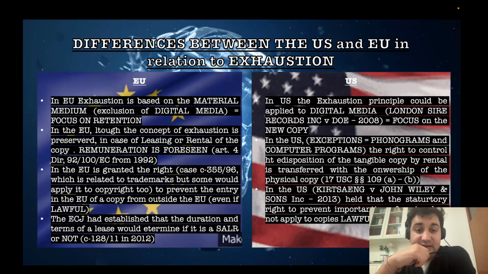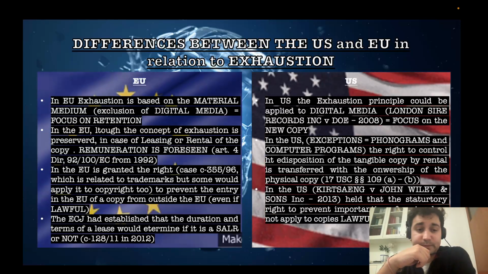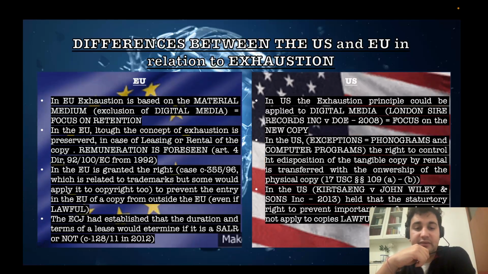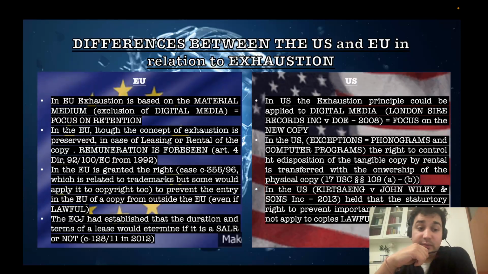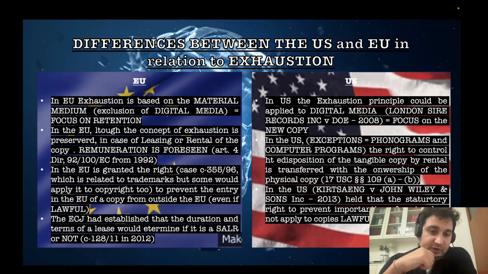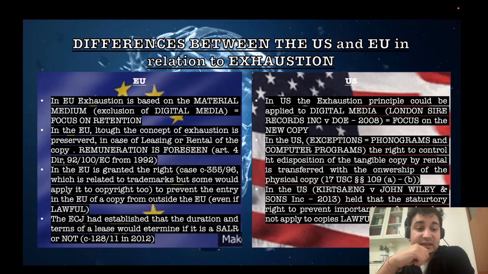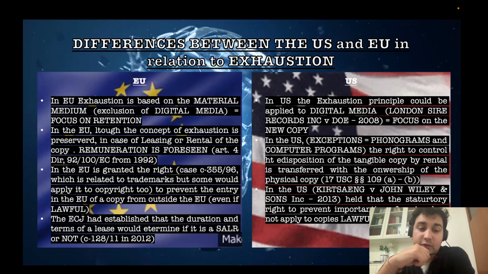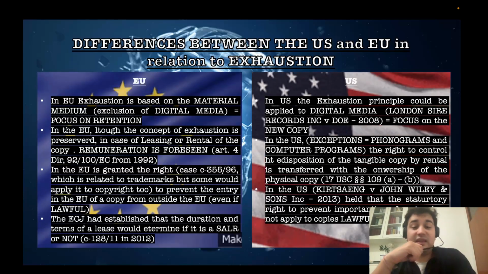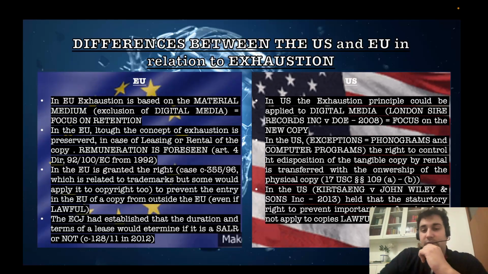granted the right, as per C-355/96, which is related to trademark, but it will be applied theoretically even to copyrights, to prevent the entry in the European Union of a copy from outside the European Union, even if it is a lawful copy.